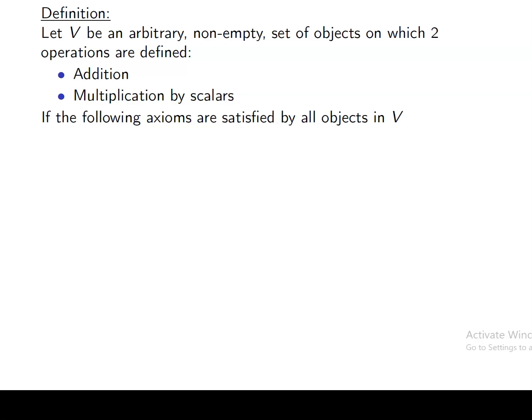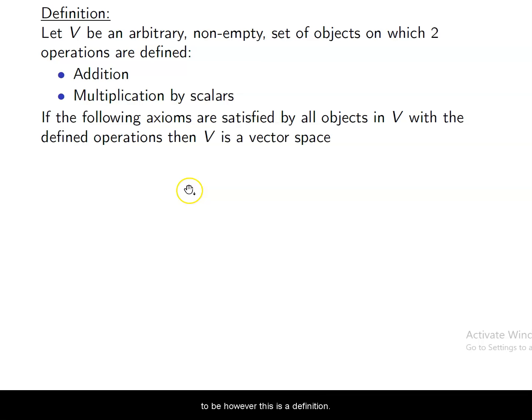Okay, so we're going to go over the following axioms. Again, it's split into 2 groups: 5 of addition, 5 of scalar multiplication. We generally at this point would define what we want addition to be and what we want multiplication by scalars to be. However, this is a definition. So if the definitions that we define of addition and scalar multiplication are true for the following axioms, then V is a vector space.